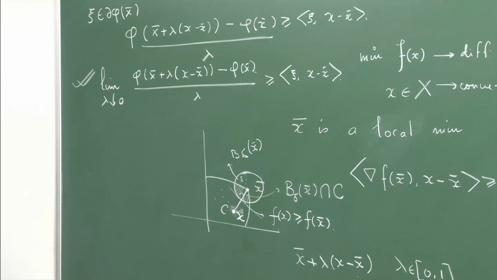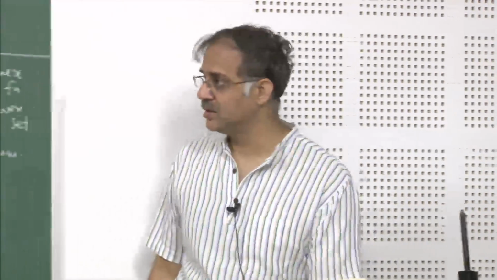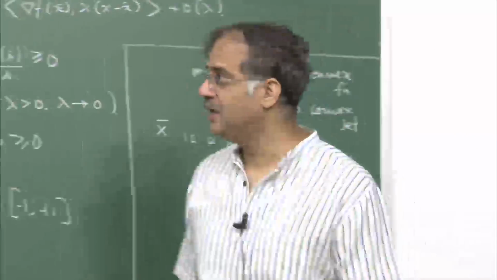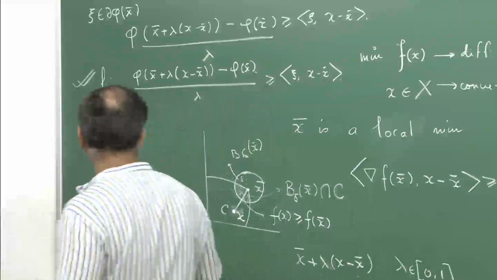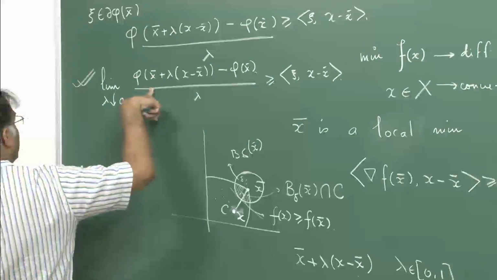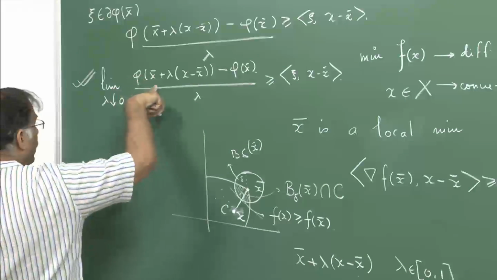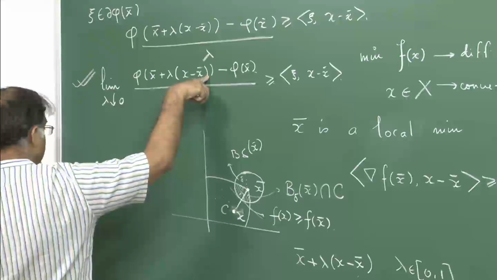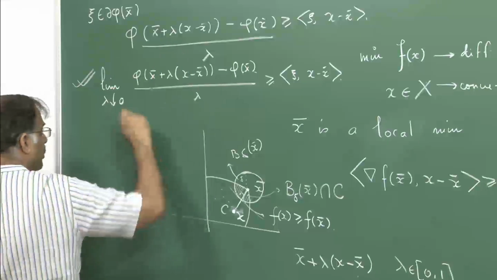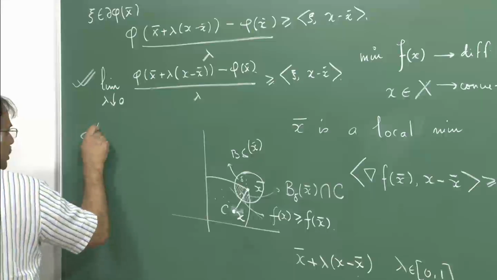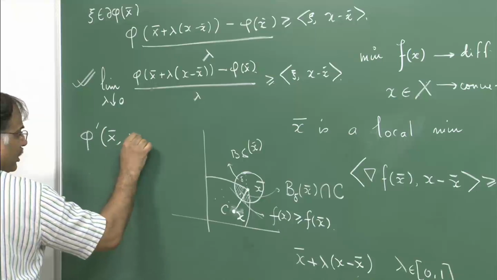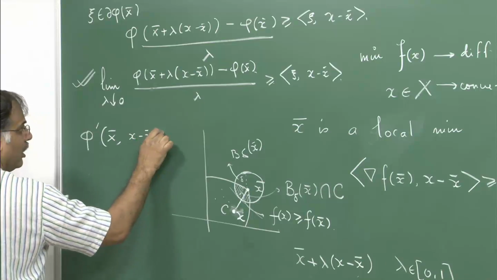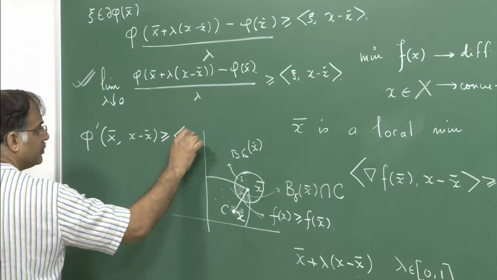The answer surprisingly turns out to be yes, such a limit exists, and it exists finitely, and this limit is usually called the directional derivative of the function phi at the point x bar in the direction x minus x bar. So, this whole expression is now written as a directional derivative of phi at the point x bar in the direction x minus x bar.